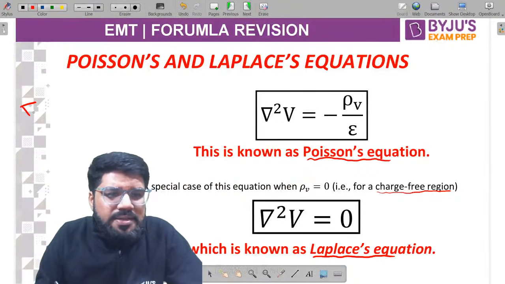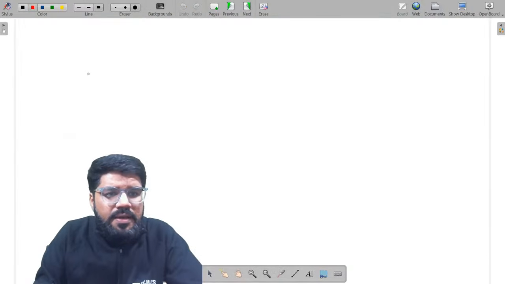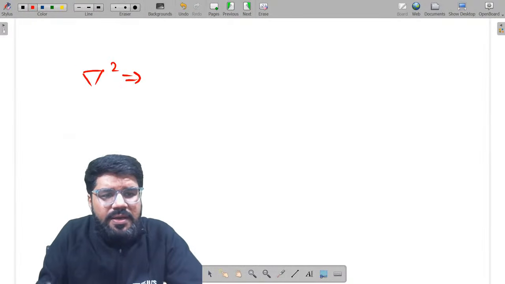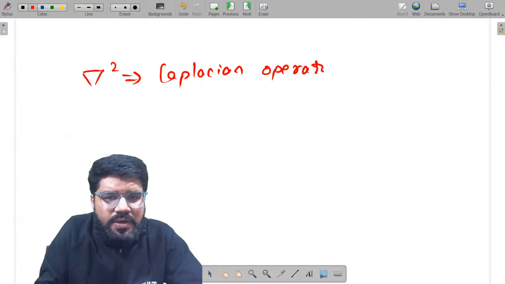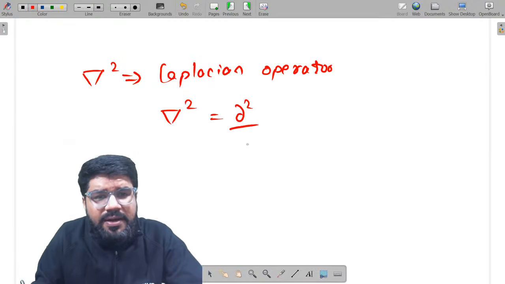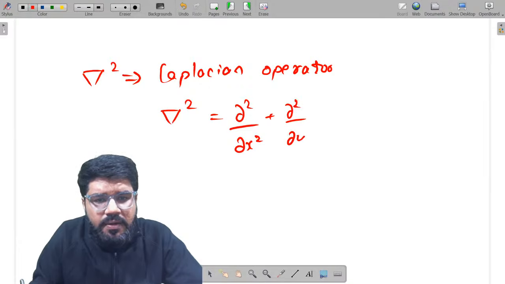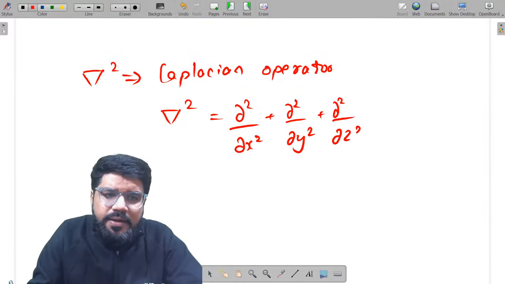What is del square, guys? Let's write it separately here. Del square is known as the Laplacian operator, and its value in the regular Cartesian coordinates will be del 2 by del x square, plus del 2 by del y square, plus del 2 by del z square.